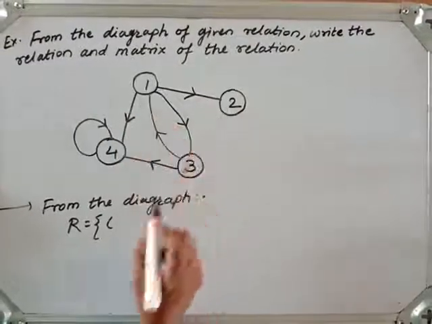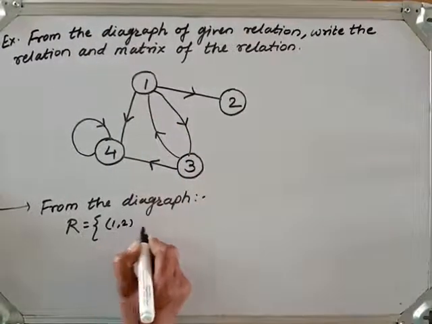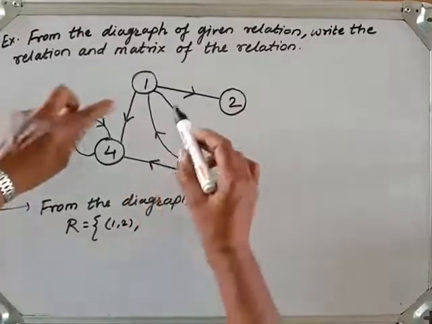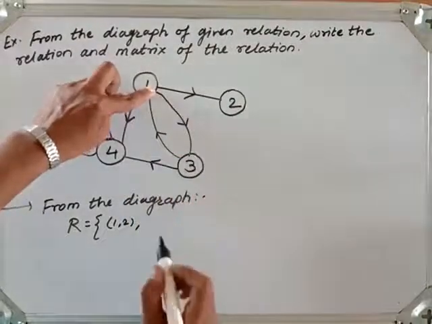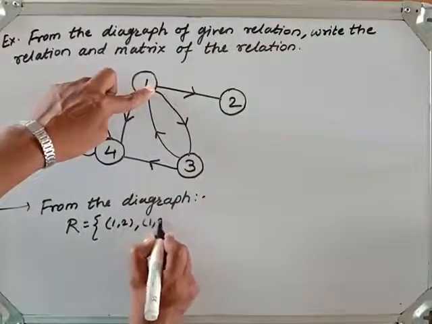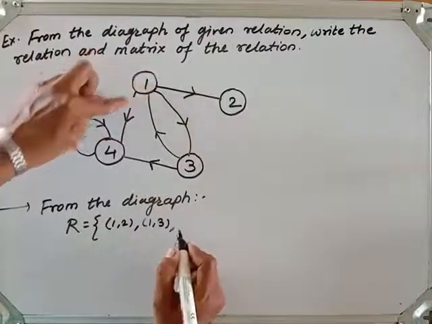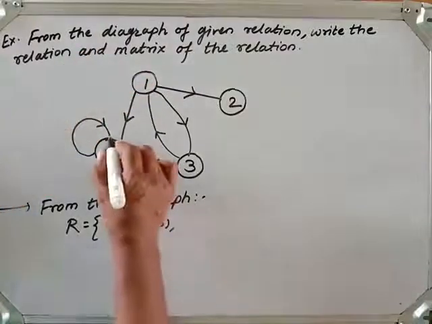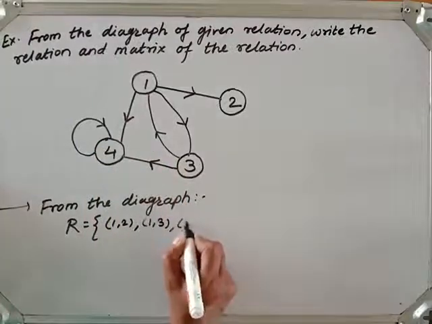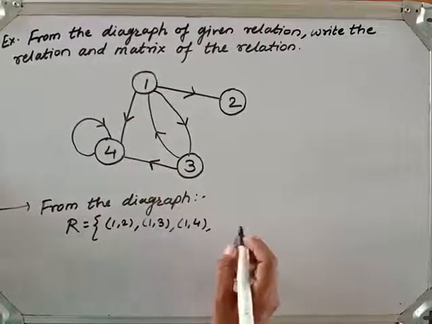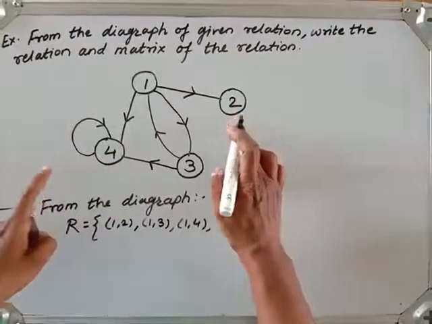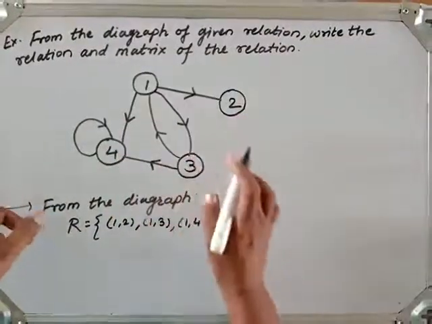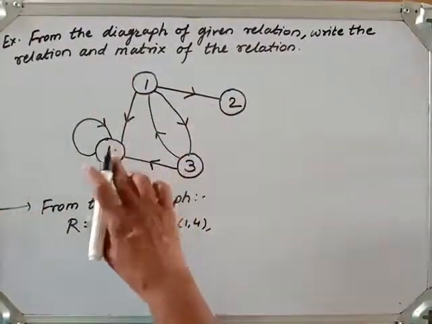So 1 is related to 2. Then 1 is related to 3. 1 is related to 4. Then next, 2 is not related to any one of them. It is not towards any other.